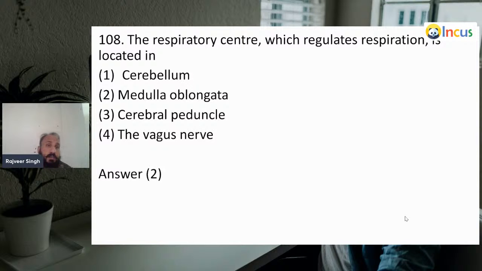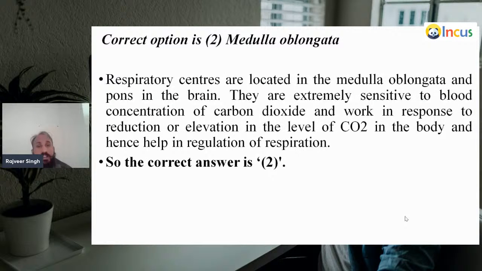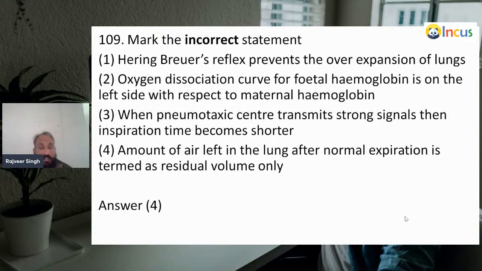They both are respiratory centers. Respiratory centers are located in the medulla oblongata and pons in the brain. They are extremely sensitive to blood concentration of carbon dioxide and respond to reduction or elevation in the level of CO2 in the body, and hence help in the regulation of respiration. But our answer will be second, medulla oblongata is the more right. Okay, so the answer will be second.